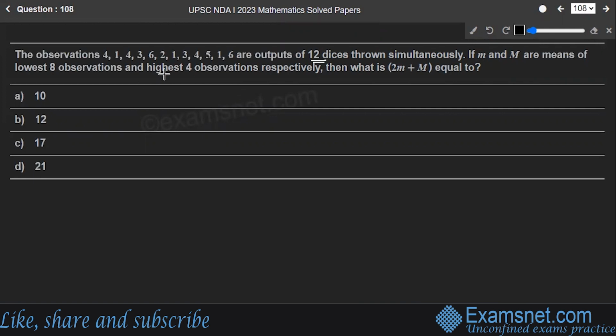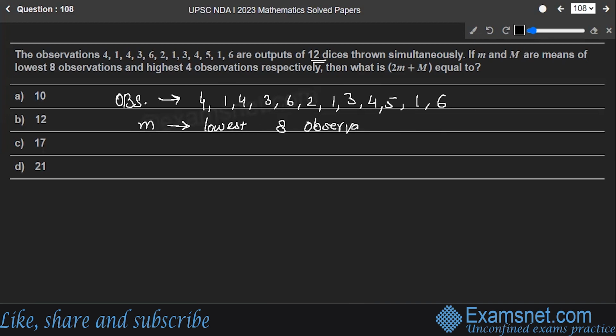You are given the observations are 4, 1, 4, 3, 6, 2, 1, 3, 4, 5, 1, and 6. 12 dice were thrown. Here, small m means lowest 8 observations and capital M is highest 4 observations.